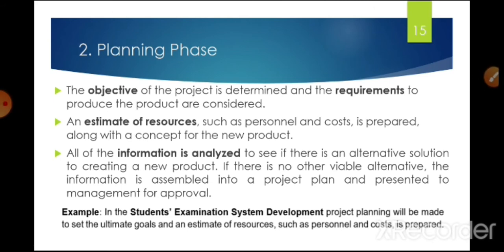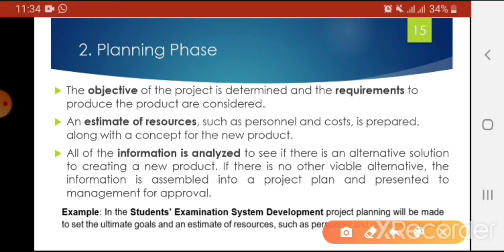In the planning phase, the objective of the project is determined and requirements to produce the product are considered. An estimate of resources such as personnel and cost is prepared along with the concept for a new product.